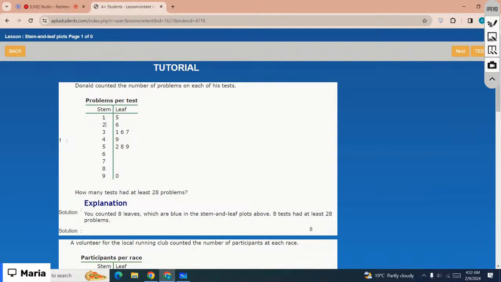At least means values from 28 upward, so here is 2 and here is 6. 8 tests have at least 28. You counted 8 leaves which are blue in the stem and leaf plot above.